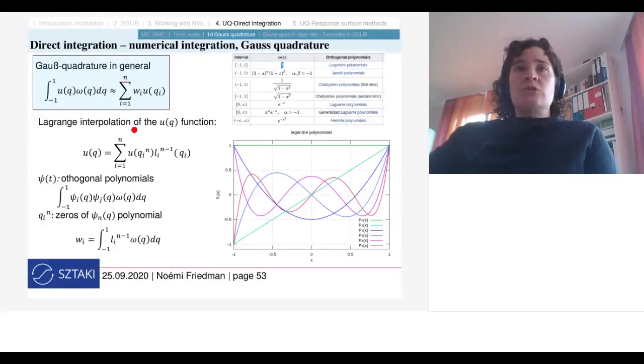So to sum up, the Gauss quadrature rule in general has this form: I have a weighting function and the u of q that I want to integrate.